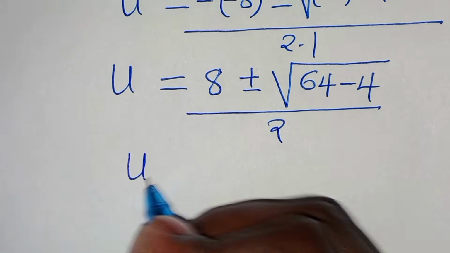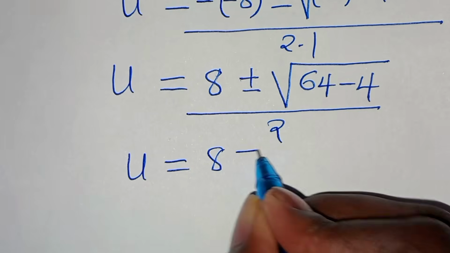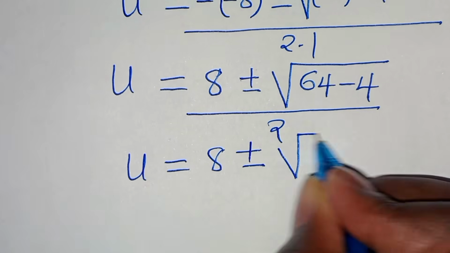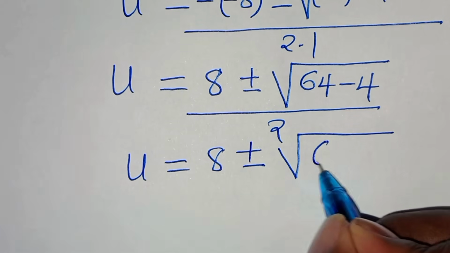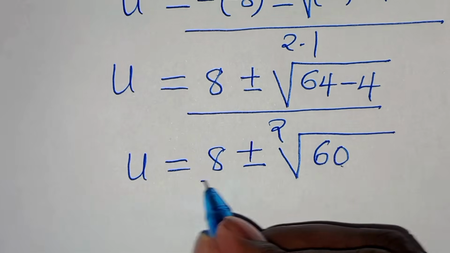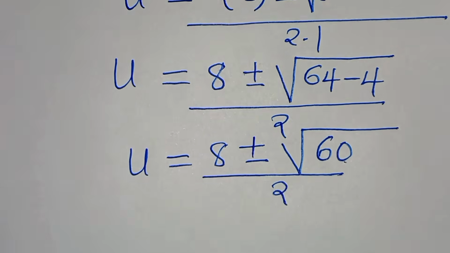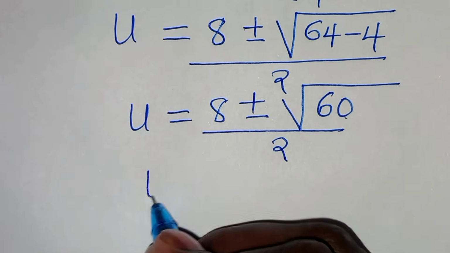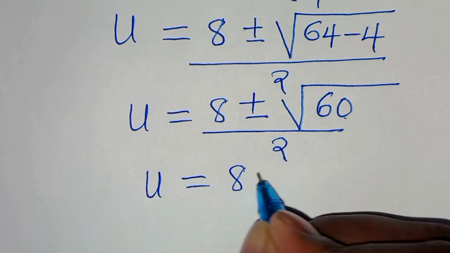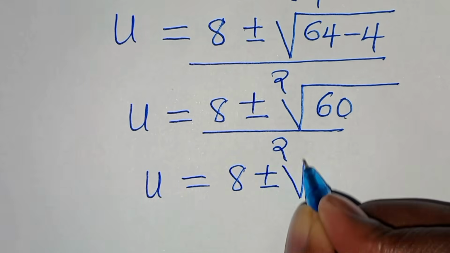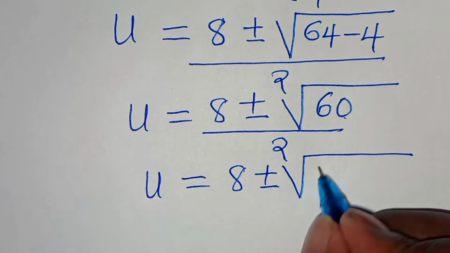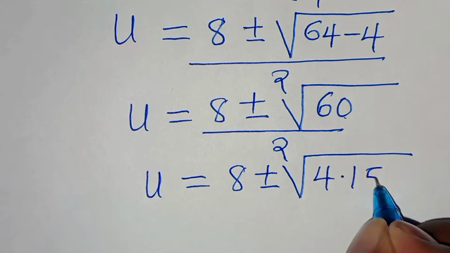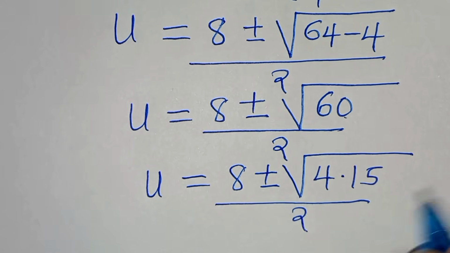So we have that u is equal to 8 plus or minus the square root of 64 minus 4, this is the square root of 60, everything divided by 2. And this means that u is equal to 8 plus or minus, we can express the square root of 60 as square root of 4 times 15, divided by 2.